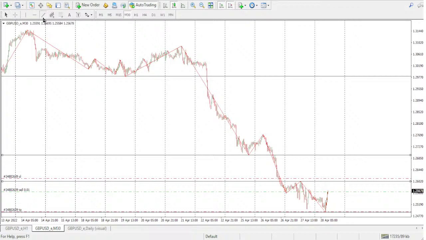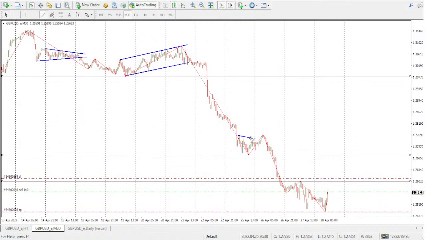I can see a shape here. I can see a very good shape there. Then I can see another one. So we have this shape here.